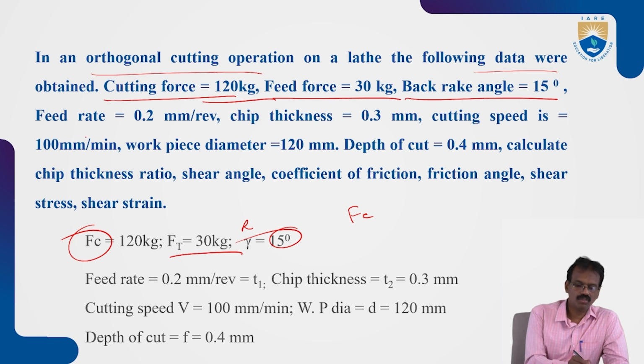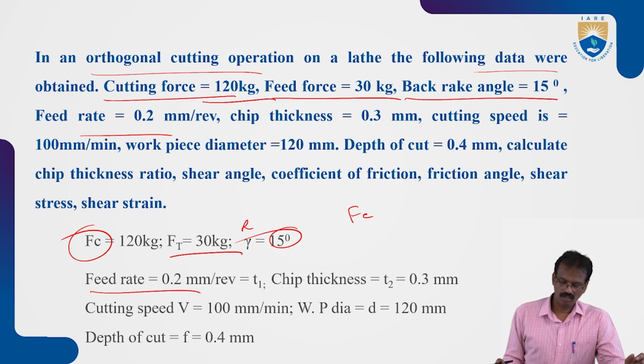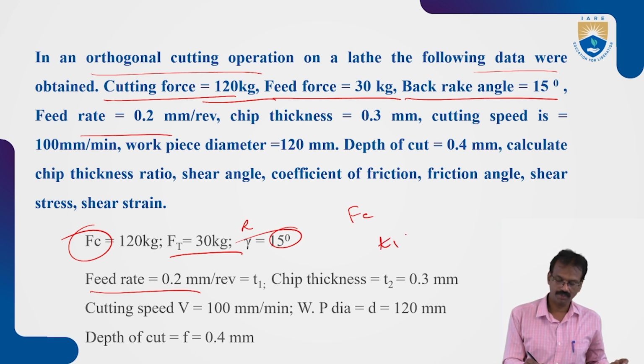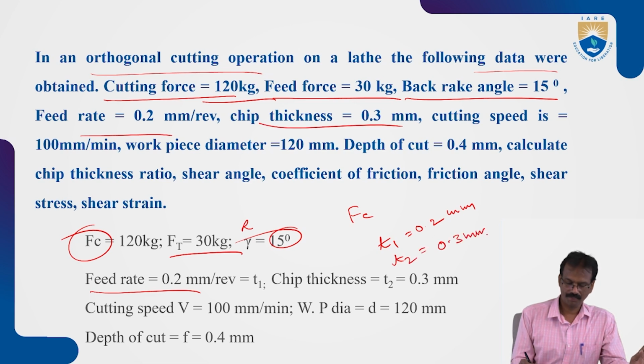Next, the feed rate is also given. Feed rate means uncut chip thickness, that is t1, which you can take as 0.2 mm. Next, the chip thickness t2 is equal to 0.3 mm.